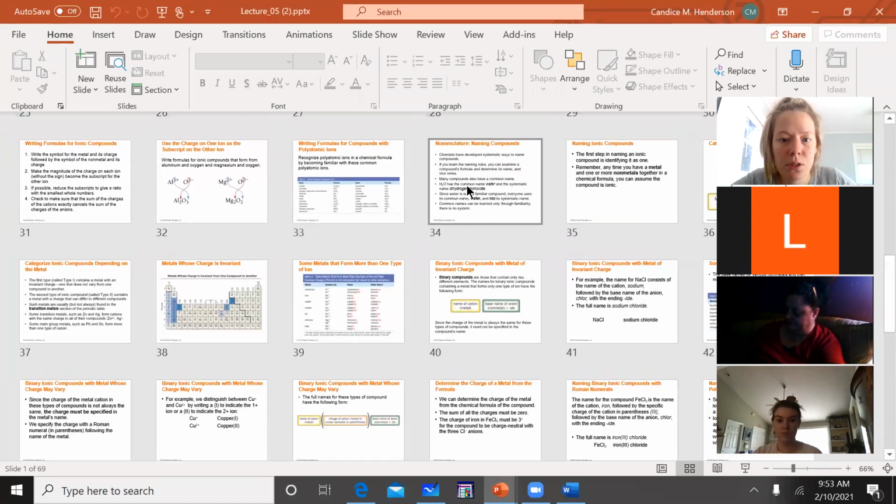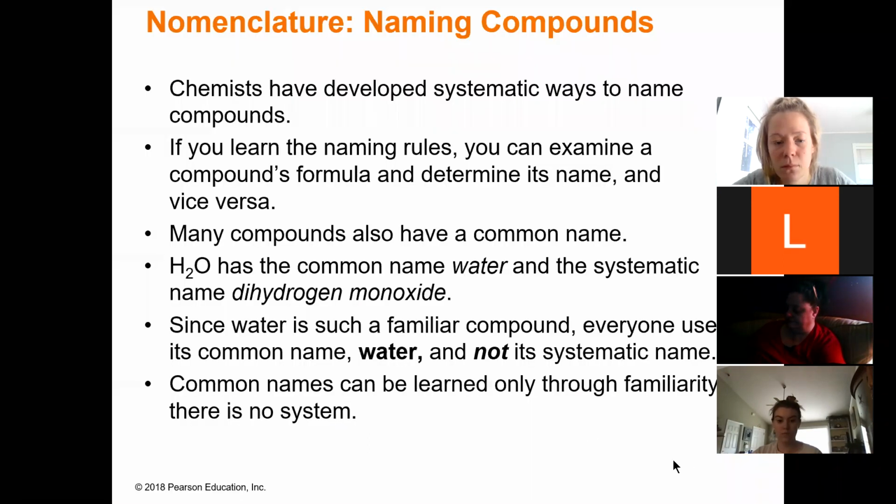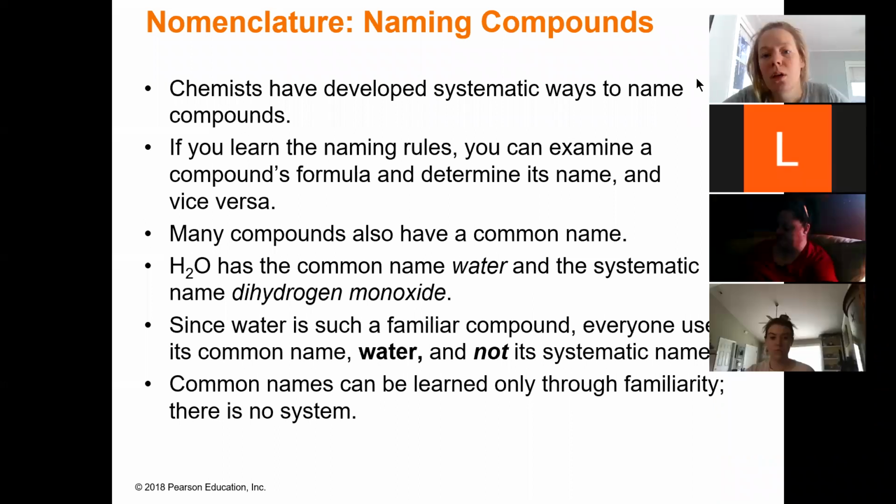So what we're going to move into is naming the compounds, or this thing called nomenclature. So there are so many compounds out there. With elements, there's only 118, so at some point as a chemist, you can just memorize them.